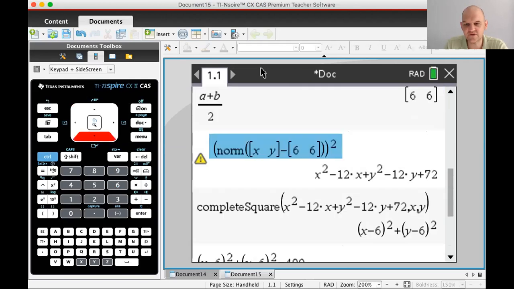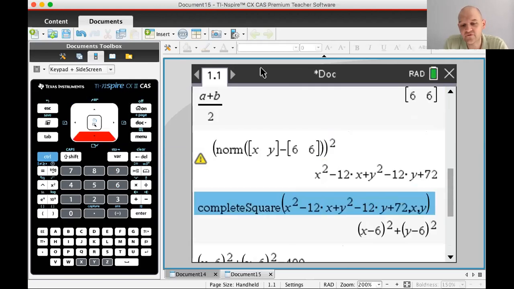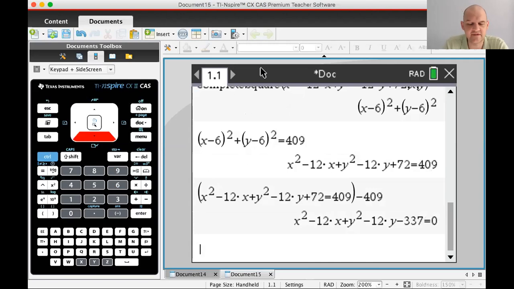Treating things like vectors, I do that a lot. So where did the 409 come from? What I did there essentially is the norm of (6, 6). I made a vector from one of the endpoints of the diameter to the center.